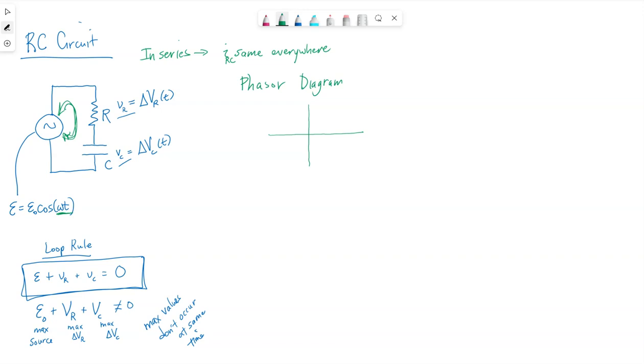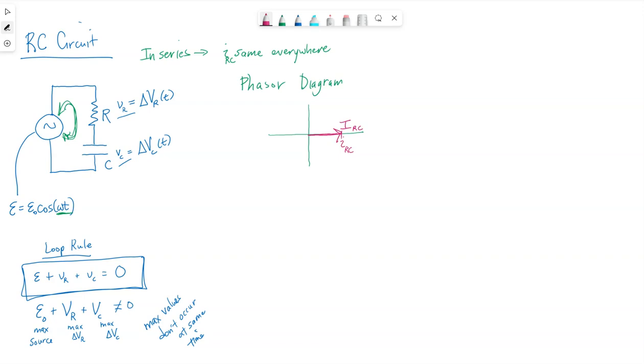So I'm going to choose a moment in time that the current through the circuit is a maximum positive value. So this moment in time, when I draw the phasor itself, the length of this phasor represents that peak current, that maximum value of current that flows in the circuit.